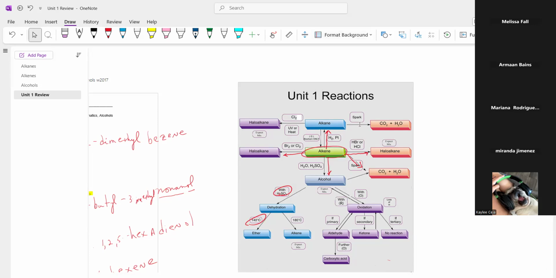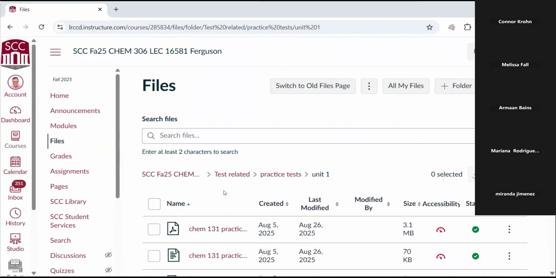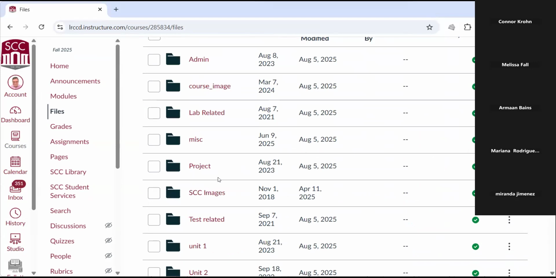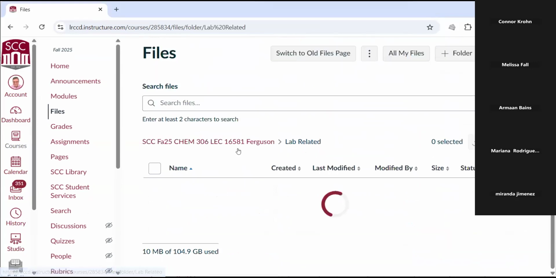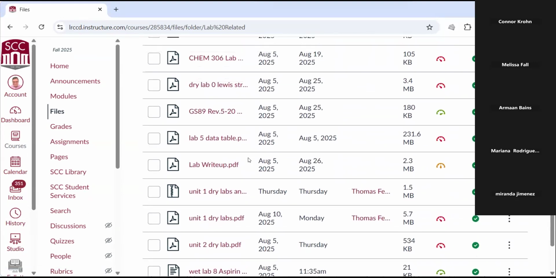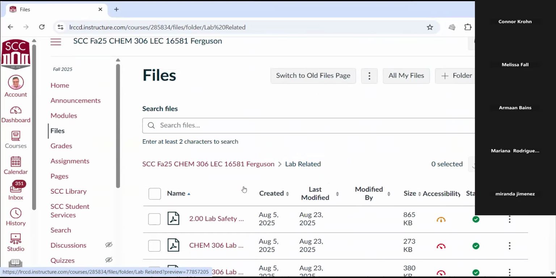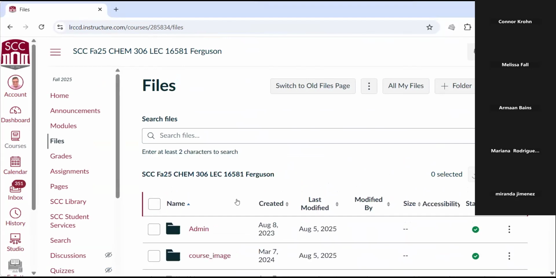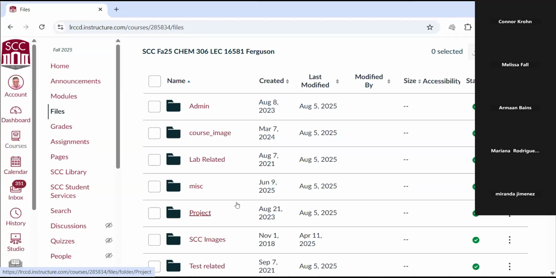If you go to Canvas files, somewhere in here, I had a key to those because someone was using it in lab Monday.